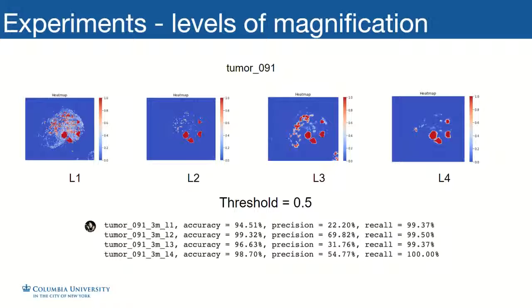We tried L1 to L4. As we can see from this slide, L2 has the greatest performance. It has very good accuracy, precision, and recall, and its heat map is tidy and also correct. So we consider L2 to be great.